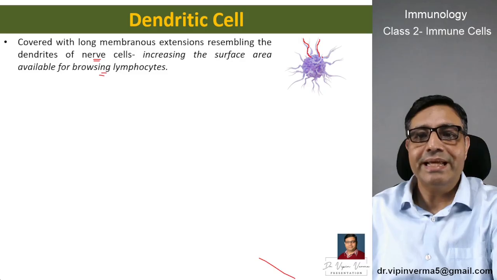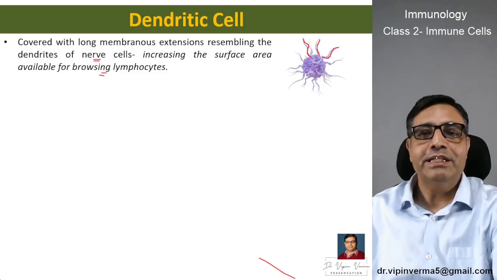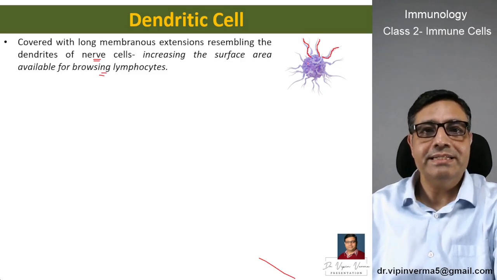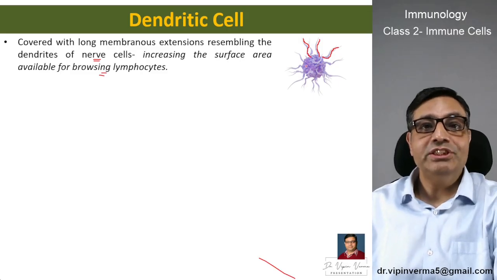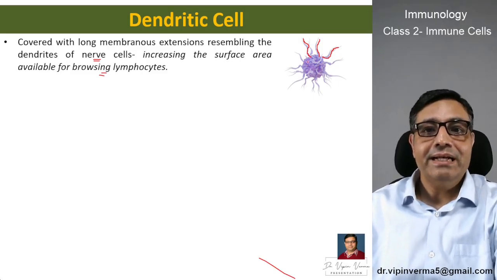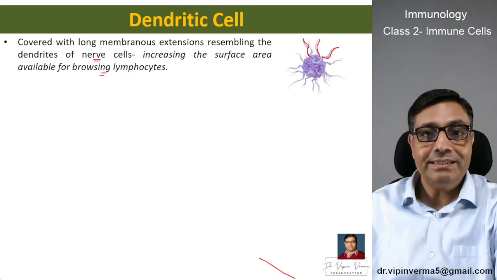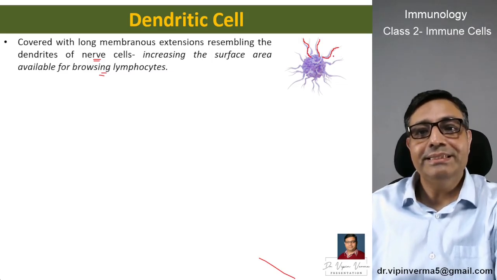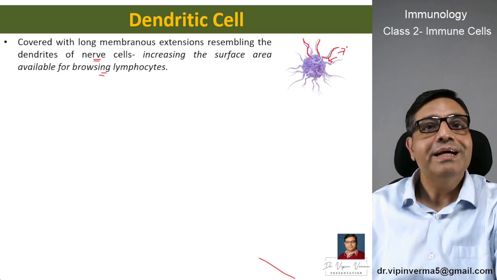These are just like the extensions which are found in the nerve cells like dendrites. But the beauty of these extensions is that they can be retracted and extended. That means they can go inside to some extent and then they can extend towards outside.